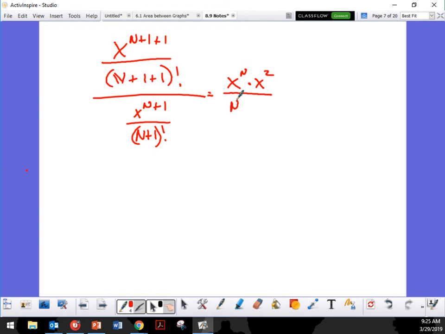So I'm going to rewrite it like this, n plus 2 times n plus 1 factorial. And it's going to be times the reciprocal at the top, which is going to be n plus 1 factorial over x to the n, x, just x, right?